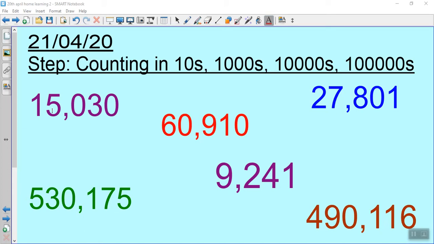So it's 15,000, there's no hundreds with it, and 30. 60,910. 27,801. 9,241. 530,175, and the last one is 490,116. Well done if you got those right, or if you were better than you were yesterday.